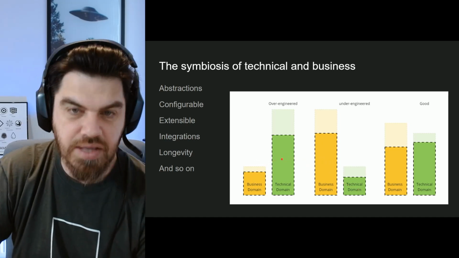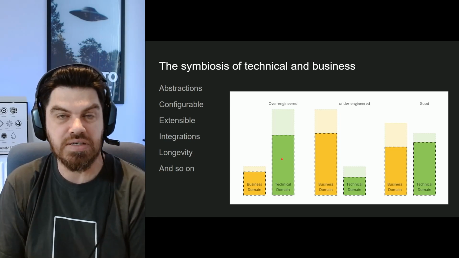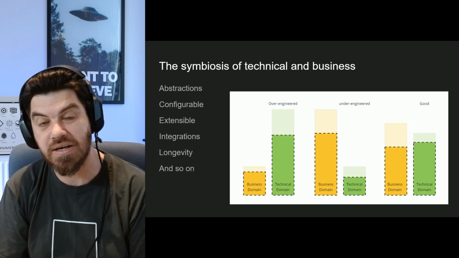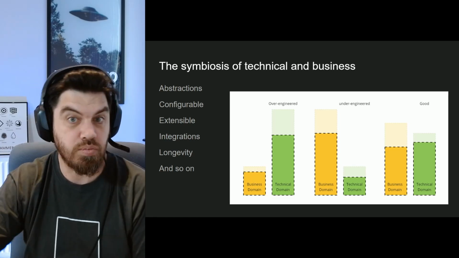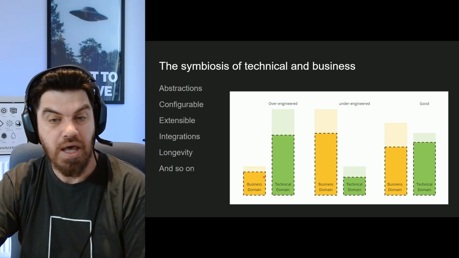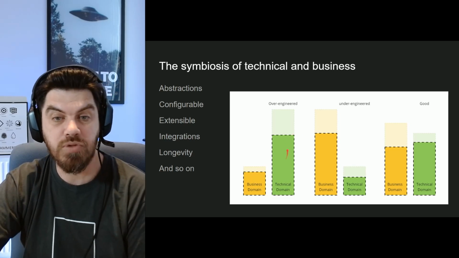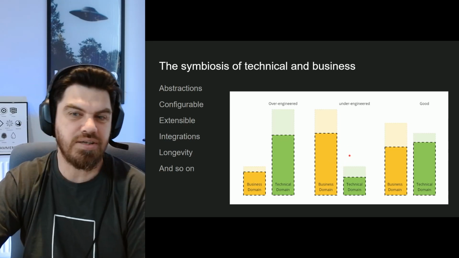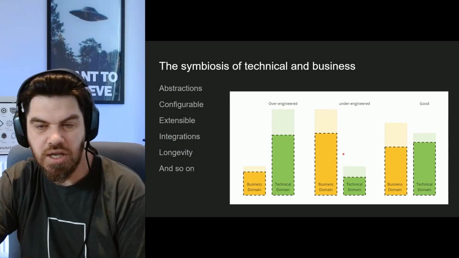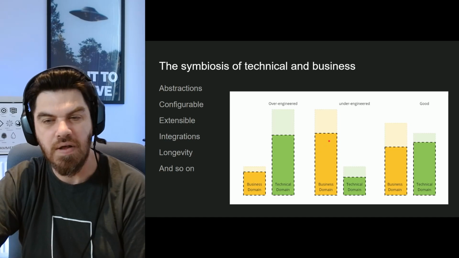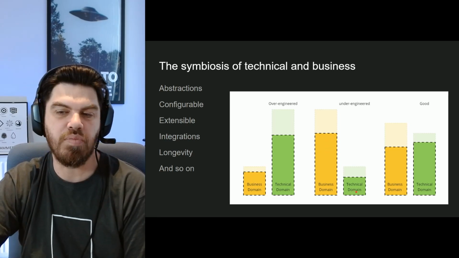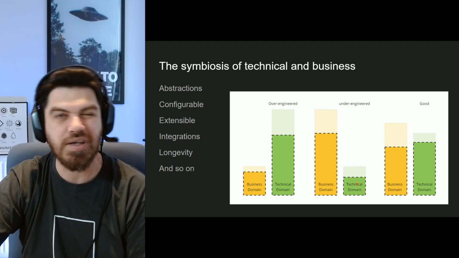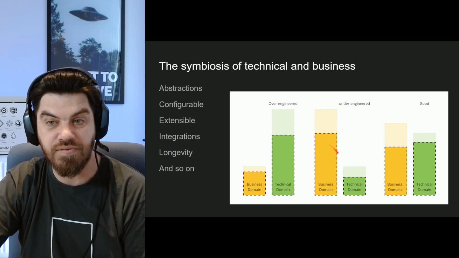Either the technical team is running away, doing big design and building things that are not used, or it's just too costly to build something like this, so it's a waste. And on the other side, you've got a huge business vision and lots of capability, and you're trying to drive the business, but you don't have a suitable technical team. You don't have enough people. They're not thinking ahead. They're not building things for the future.